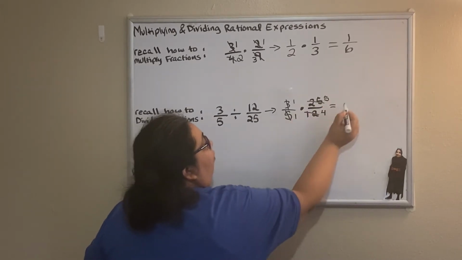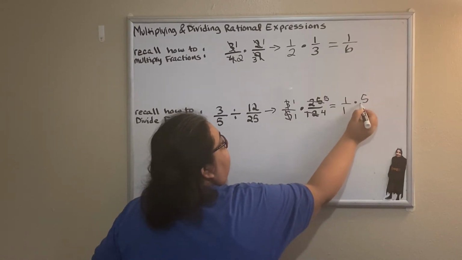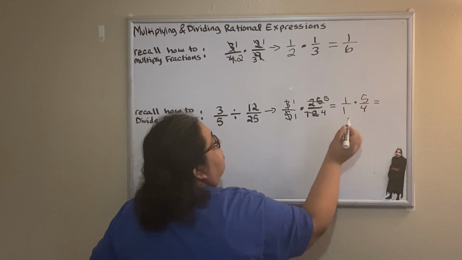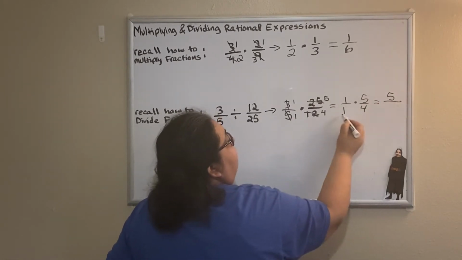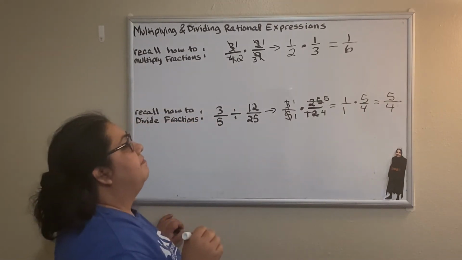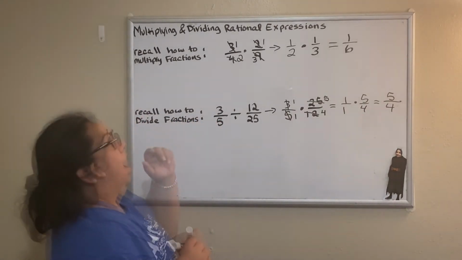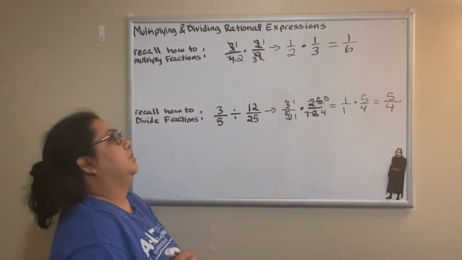So we're left with 1 over 1 times 5 over 4. And now we multiply across. 1 times 5 is 5, and 1 times 4 is 4. So we get 5/4. So this is how you multiply fractions and how you divide fractions.